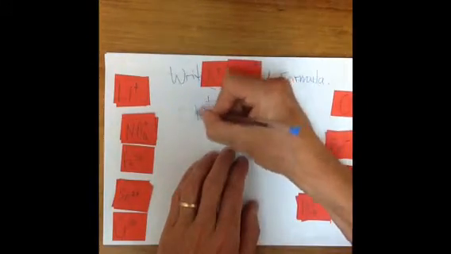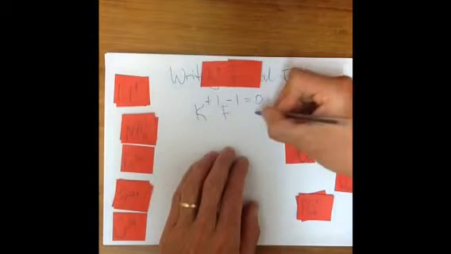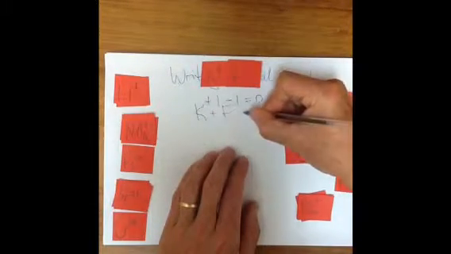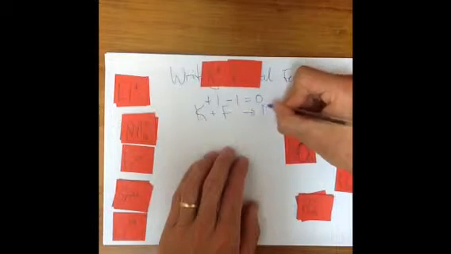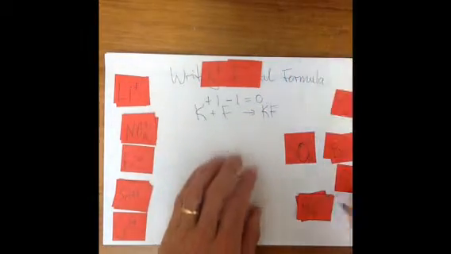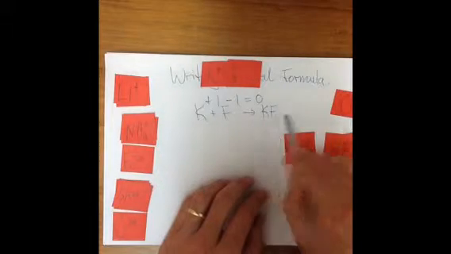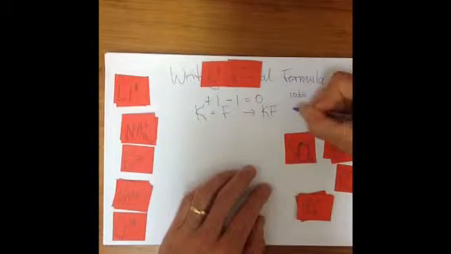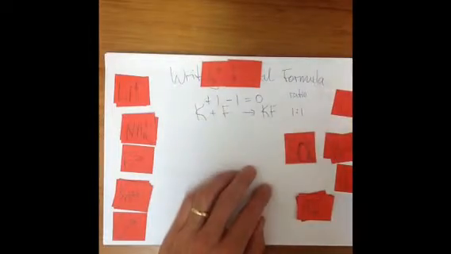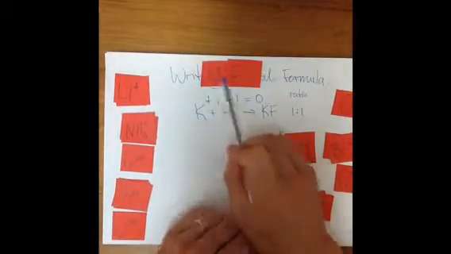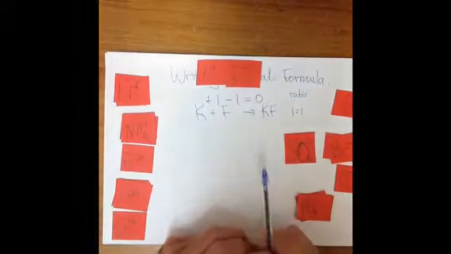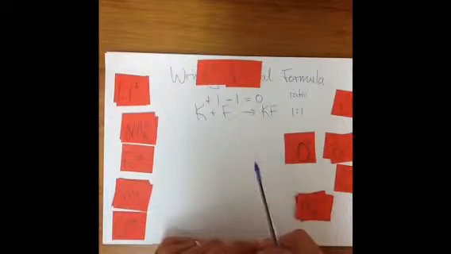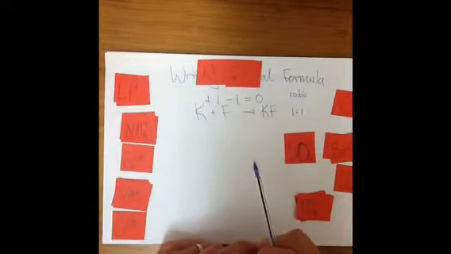So I have a K and an F, the charges add to 0, and this becomes potassium fluorine with a ratio of 1:1. That's because one potassium ion will balance one fluorine ion to form the formula KF, potassium fluoride.